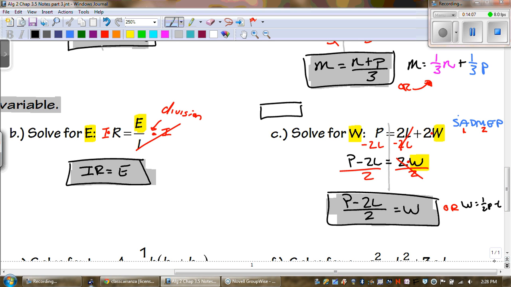I don't have a lot of room. But that's where we would simplify. Okay? But don't worry about it.